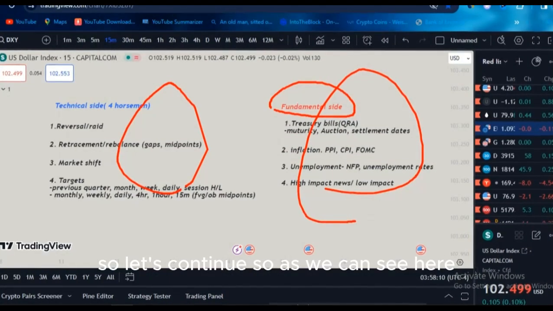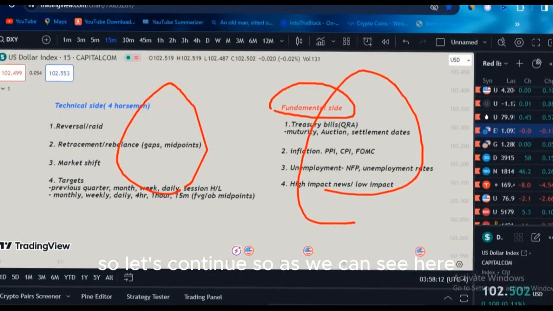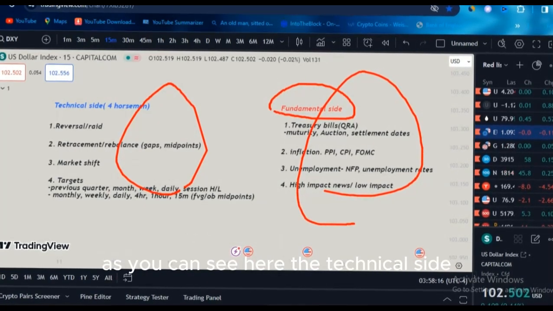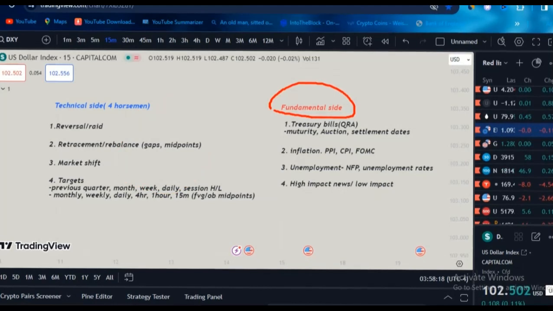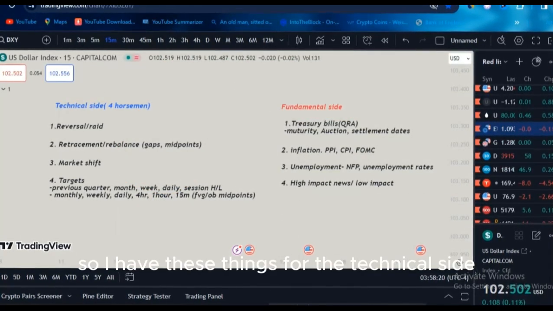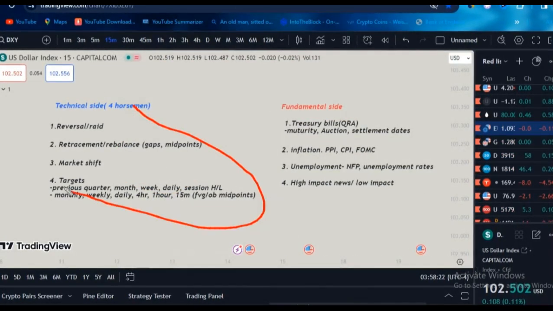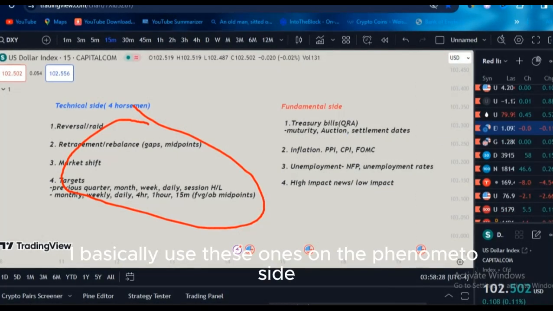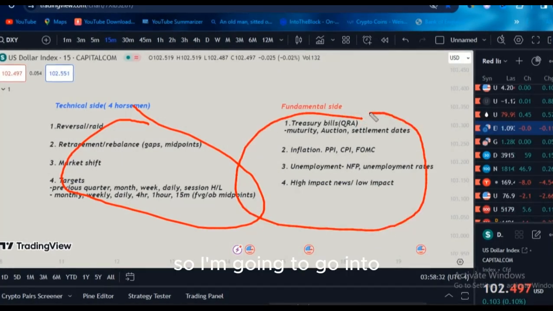So let's continue. As we can see here, I have these things for the technical side, and for the fundamental side, I use these ones. So I'm going to go into high impact and low impact.